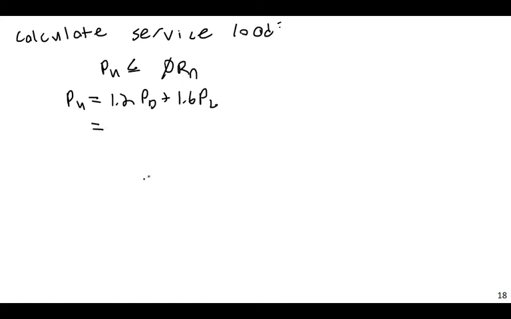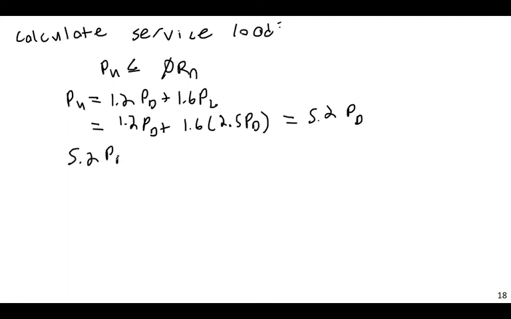So this is going to be 1.2 P dead, and remember I was told that the P live is 2.5 times the dead load, so 1.6 times 2.5 P dead. This comes to 5.2 PD. And so 5.2 PD is equal to 176.2, therefore PD is equal to 33.9 kips.